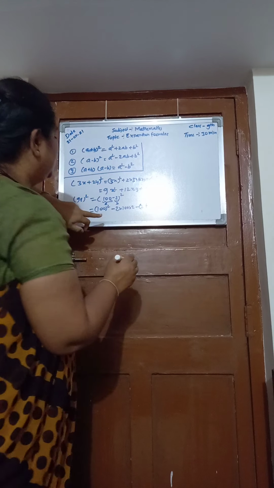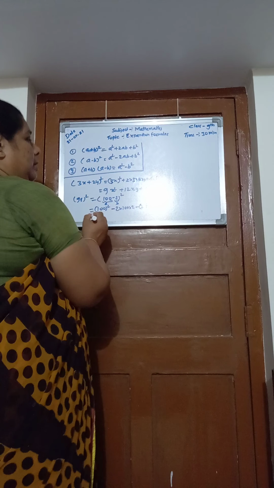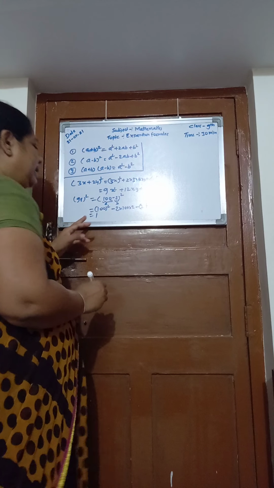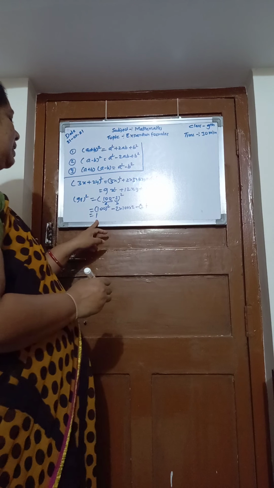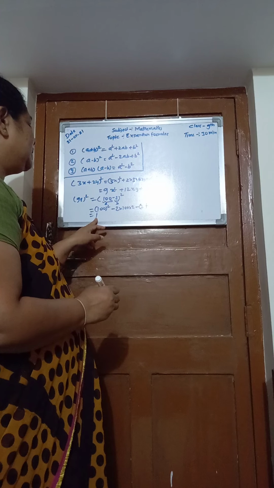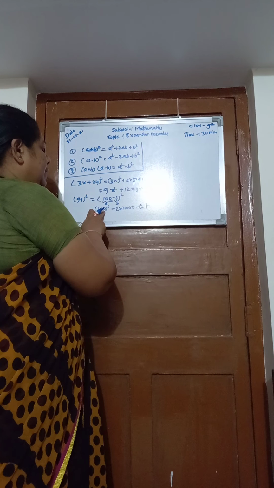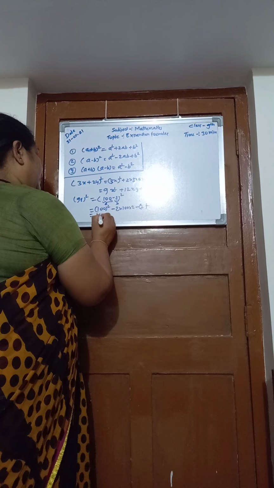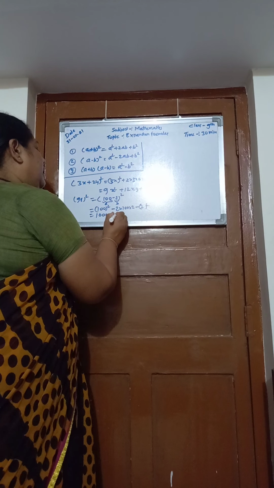Calculate it. 100 square means, what is the square of 100? It is 10,000.